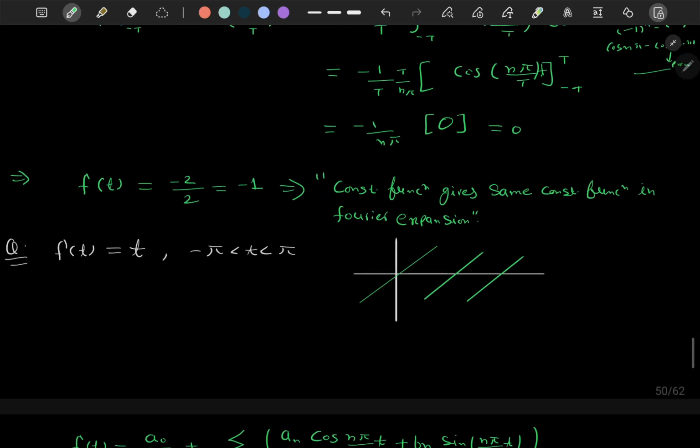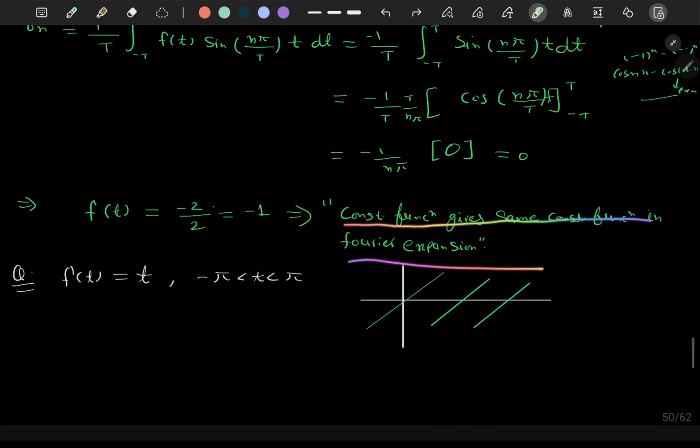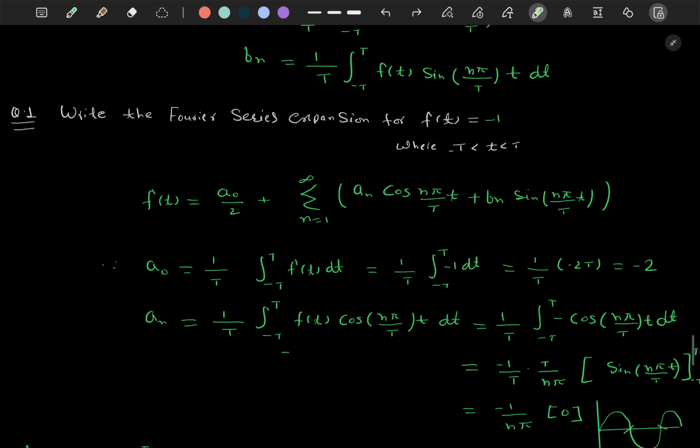Now we have f of t equal to only a naught by 2. So a naught by 2 equal to minus 2 by 2 equal to minus 1. So we are left with this: a constant function gives the same constant function in Fourier expansion. So we have the value f of t equal to minus 1.